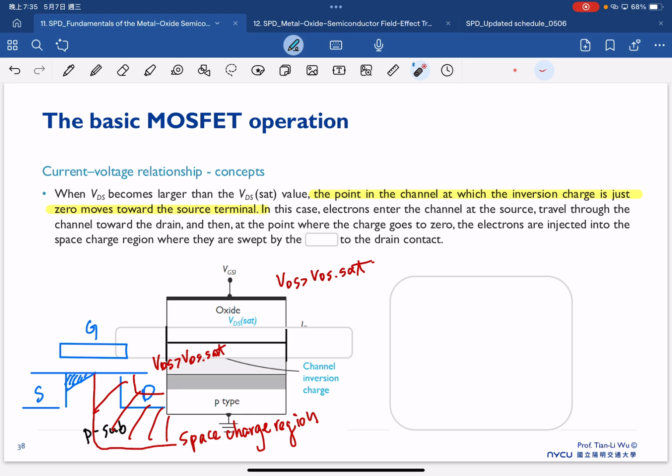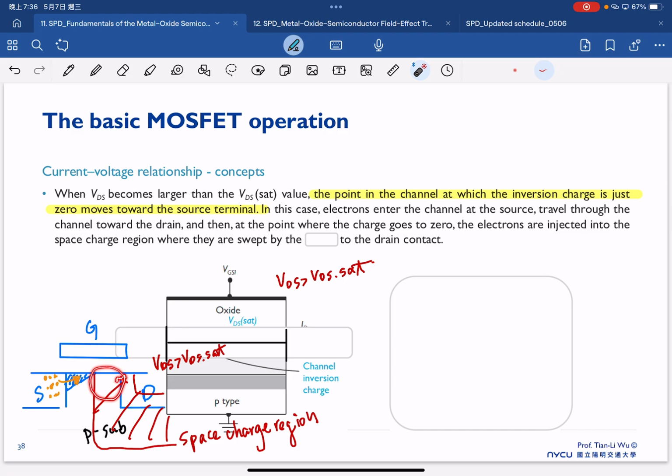But now the question is that we still have the VDS and we still have the VG, so because we still have the positive bias here, the electrons in the source side will still flow to this channel region. But how do they reach the drain side? Because we have the huge depletion region here. But then we need to consider back to our understanding of the PN junction.